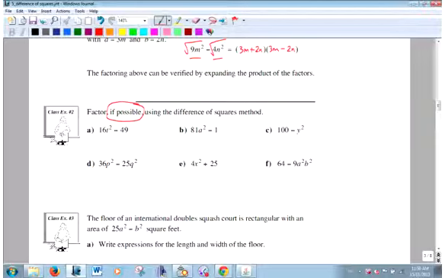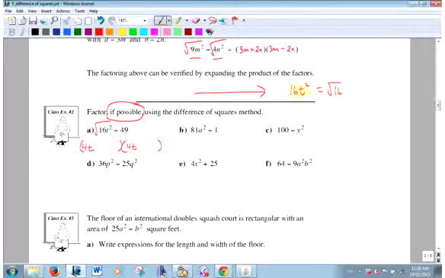Okay, so remember, it might not work. Can I take the square root of 16t squared? What times what is 16t squared? 4t. If that's a little confusing, remember you can split that up, can't you?